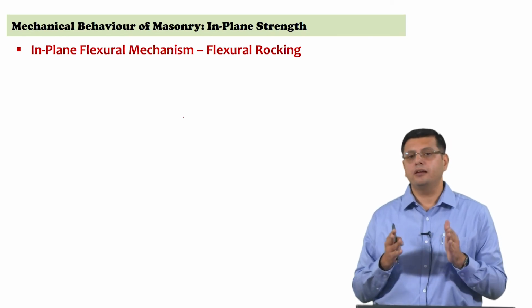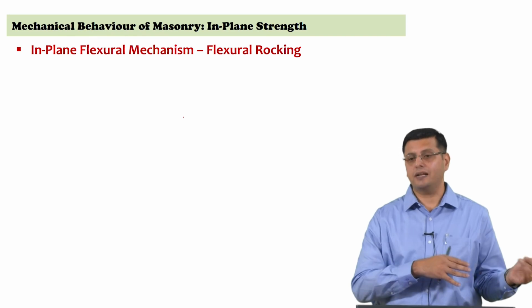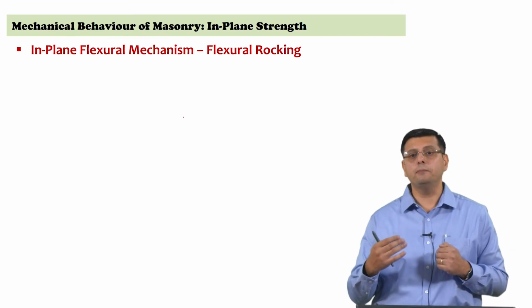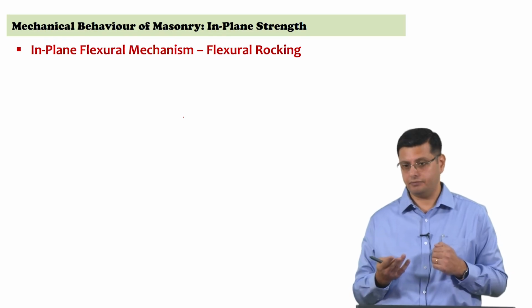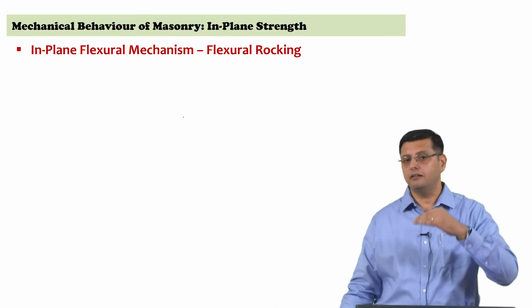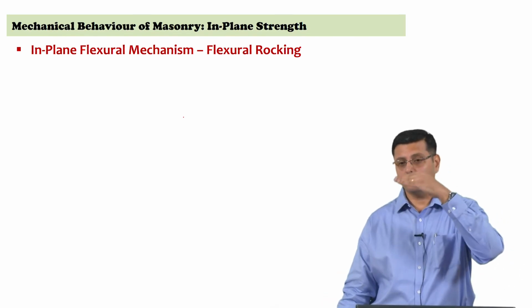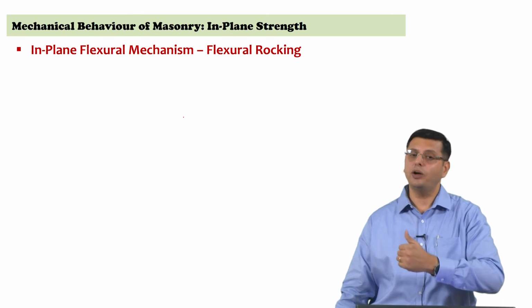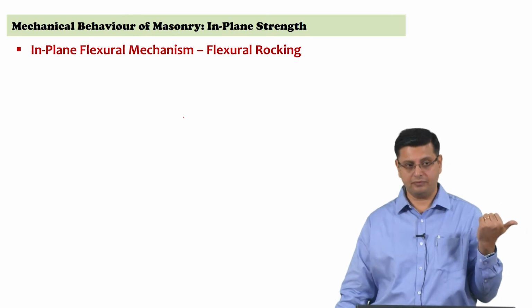But what we have looked at in the previous slides is when the precompression levels were significant. But if the precompression level is not significant, can you still have a flexural mechanism? That is, it was essential that the precompression level was high to have toe crushing in masonry. Yes.